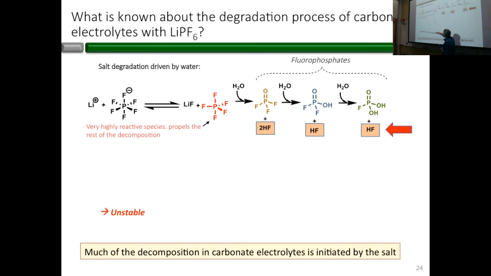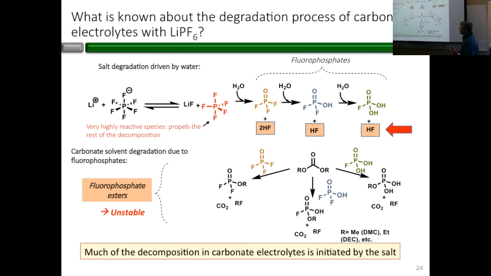So again, PF6 likes to decompose to fluoride ion or LiF, and PF5 reacts with water to produce compounds like this and generates more HF in the process. That HF comes back and reacts with the electrolyte, beginning to decompose it. These can also go on to react with more water and produce more and more HF, and this becomes autocatalytic, and pretty soon the entire thing begins to break away.